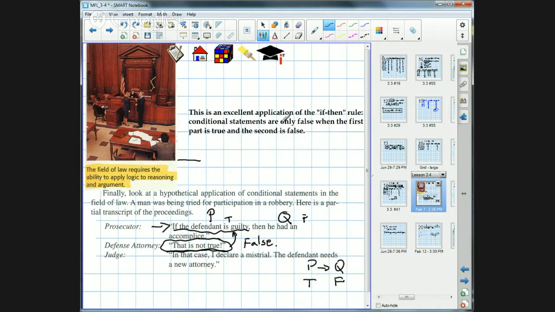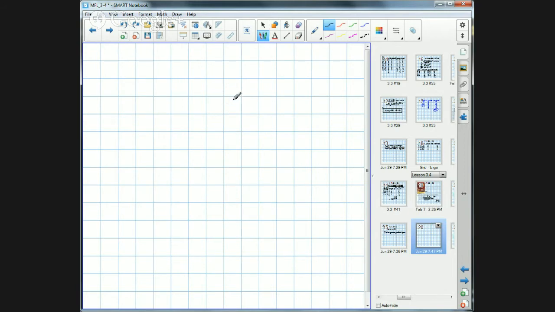Remember, let me remind you guys of this. So when you're trying to do a truth table for this, you know that you're going to have a setup like this.